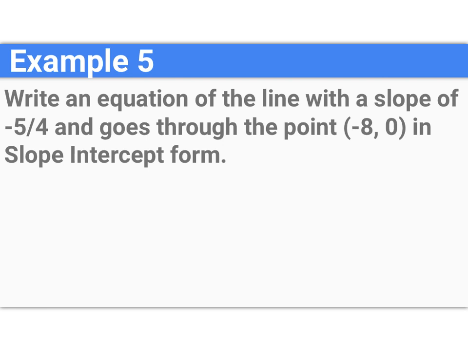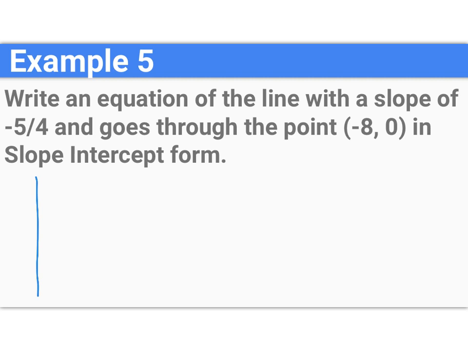And finally, write an equation of the line with a slope of -5/4 that goes through the point -8, in slope-intercept form. Okay, so there's all kinds of ways to do this.